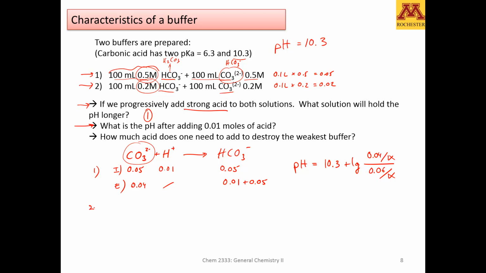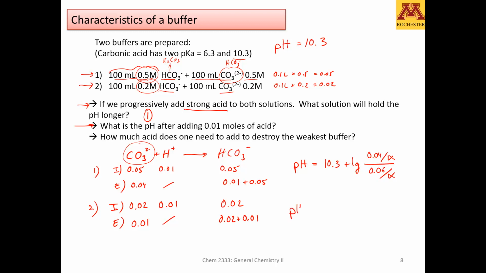Now let's do the same for solution 2. Initially, you have 0.02 moles of base, and you add 0.01 moles of acid. You also had 0.02 moles of acid. So at the end, 0.01 moles of base is gone, and what's left is 0.01 moles of base and 0.03 moles of acid.